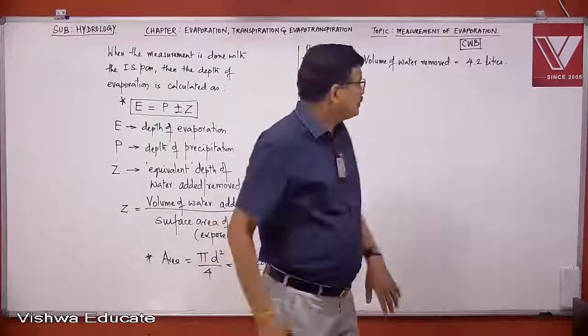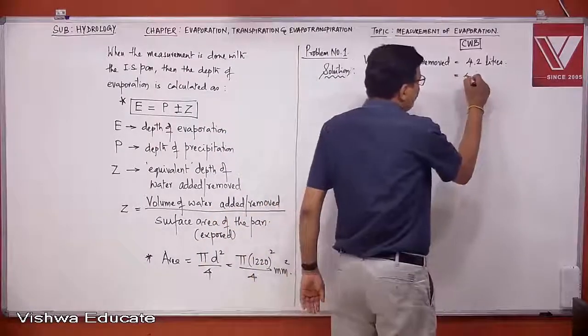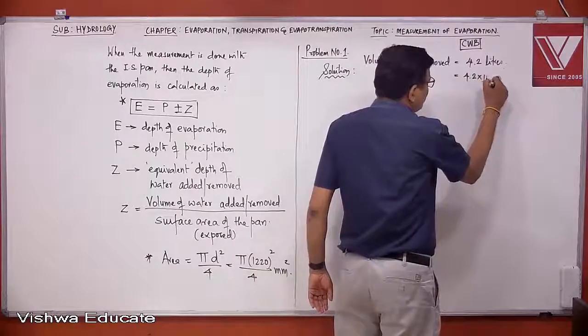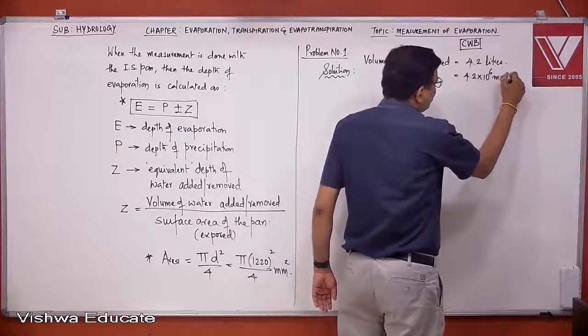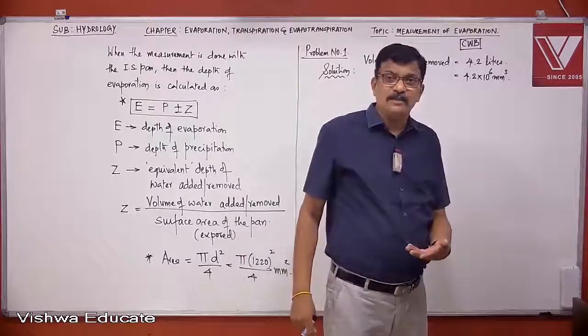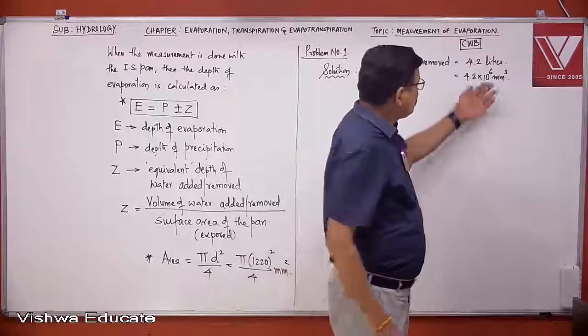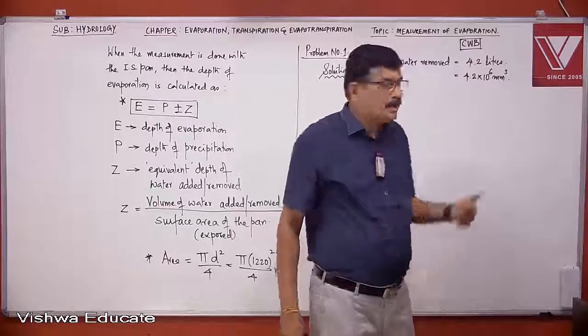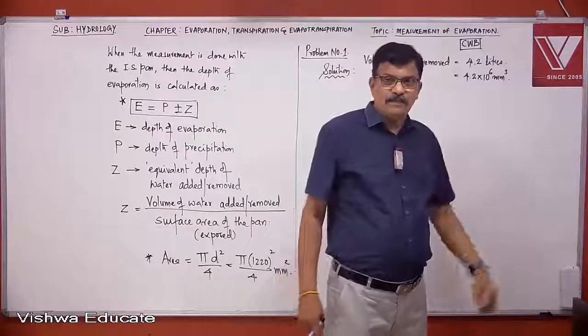So this happens to be 4.2 into 10 to the power of 6 millimeter cube. 1000 is cc and 10 to the power of 6 will be millimeter cube. 1 liter is 10 to the power of 6 millimeter cube.